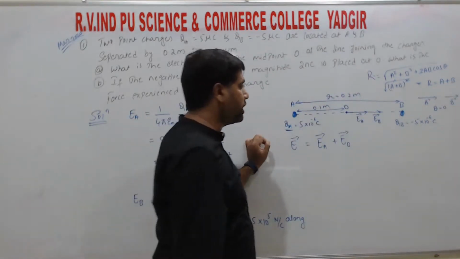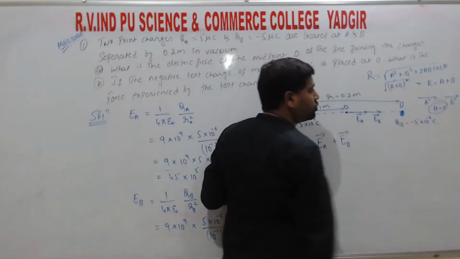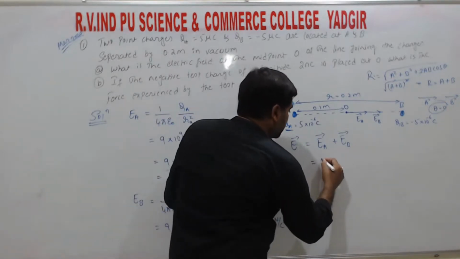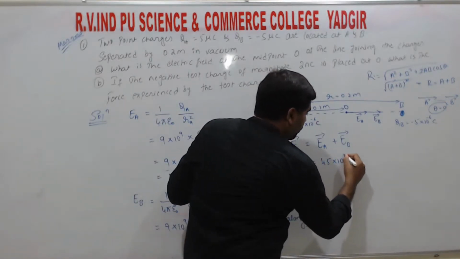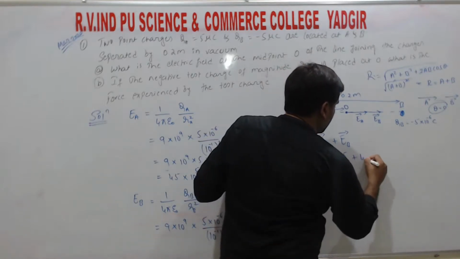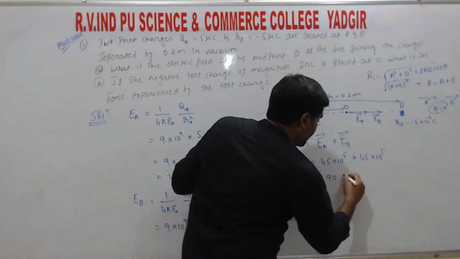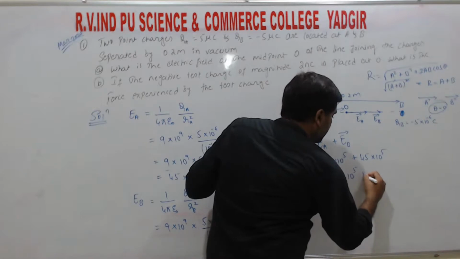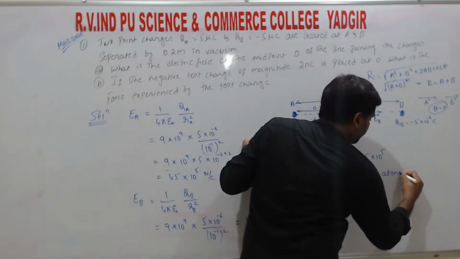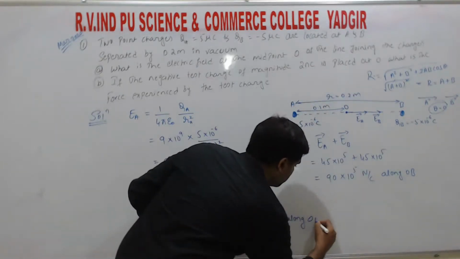In the same way, here also EA and EB are parallel, that means the angle between those two vectors is 0. Then we can directly add these two, right? So 45 into 10 to the power of 5 plus 45 into 10 to the power of 5, giving 90 into 10 to the power of 5 Newton per Coulomb, along OB.